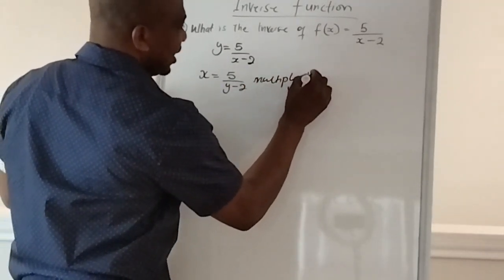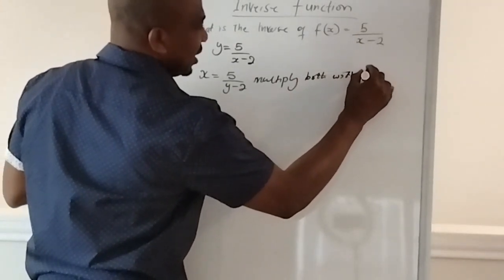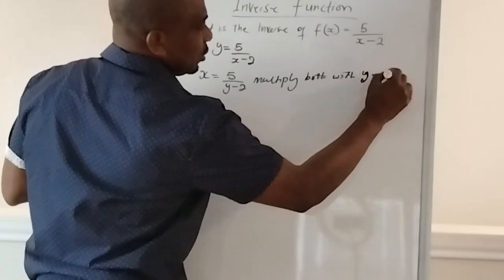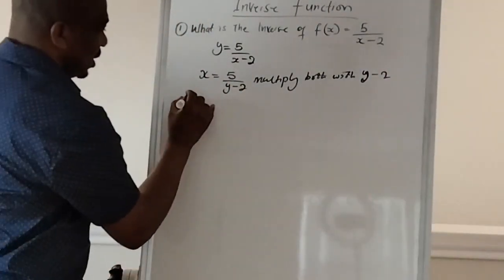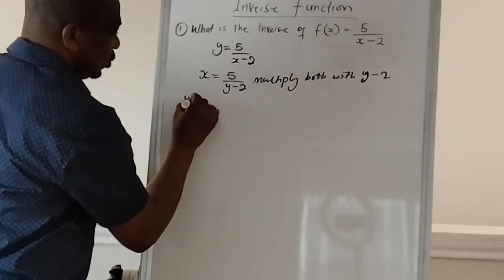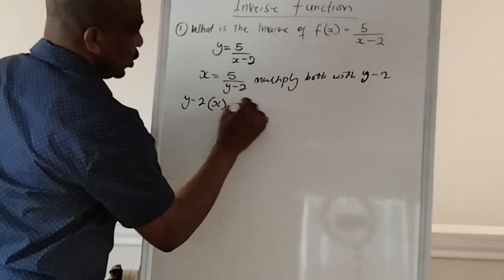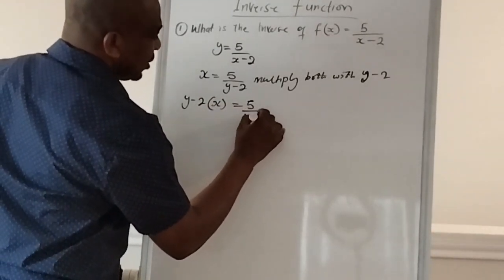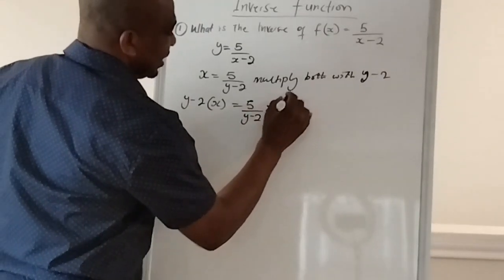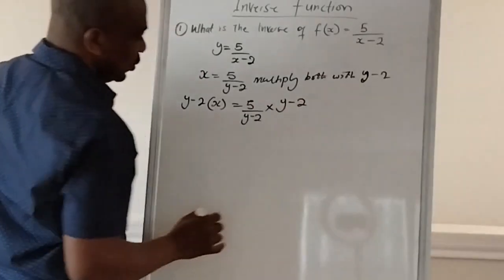So we're multiplying both sides of this problem by y minus 2. That becomes x multiplied by y minus 2 equals 5 all over y minus 2 multiplied by y minus 2.